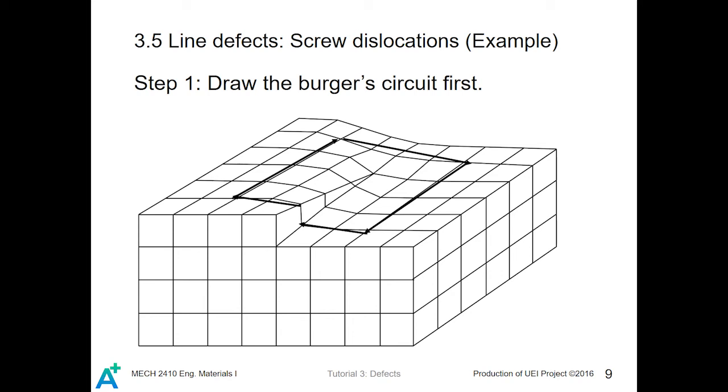Notice that this time it is again clockwise, and the Burgers vector goes from start point to end point. The Burgers vector must be in this plane. Remember that. Again, this time it is from start point to end point. It has a different orientation from the edge dislocations.